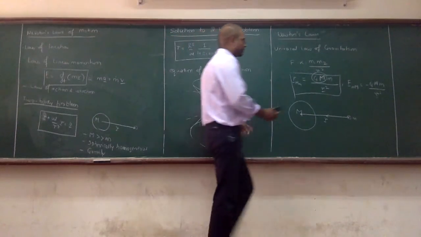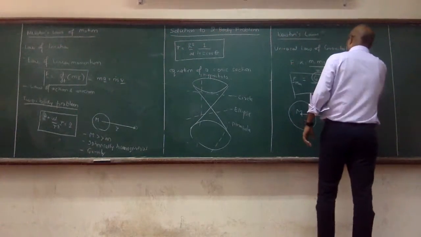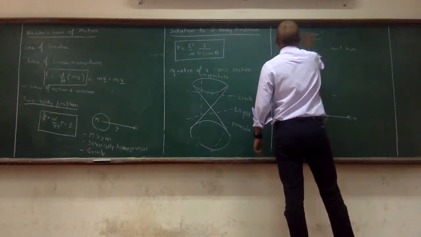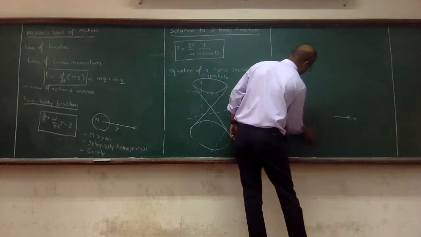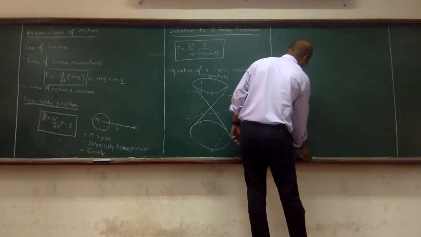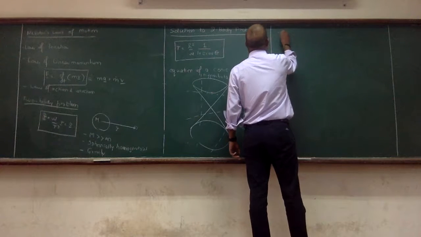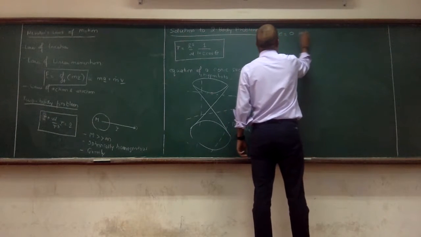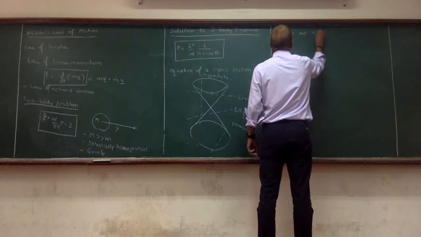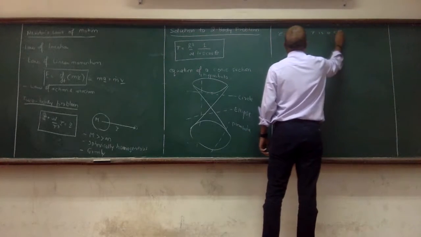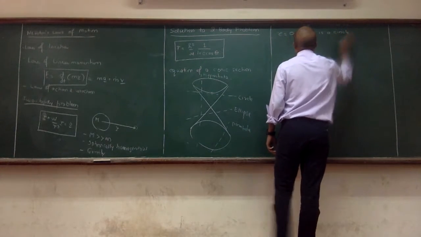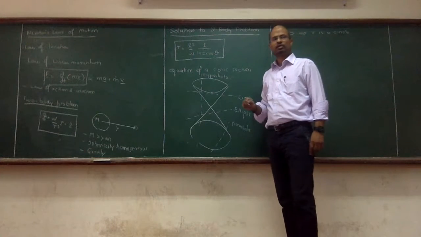When it's an ellipse. So e equal to 0 implies r is a circle. r takes the path of a circle.